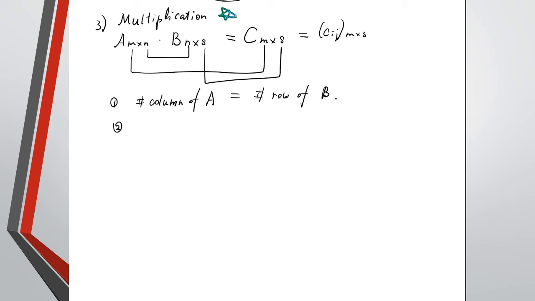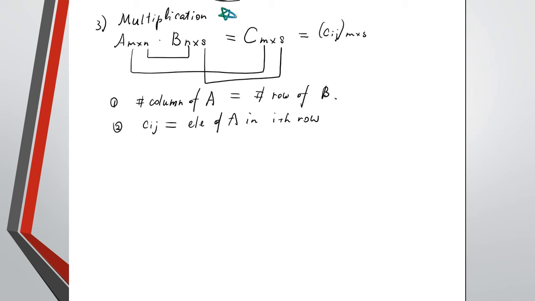So from the definition, I would say that c_ij, the element of the C matrix, is actually the element, I will just use ELE to indicate the element, of matrix A in the ith row.